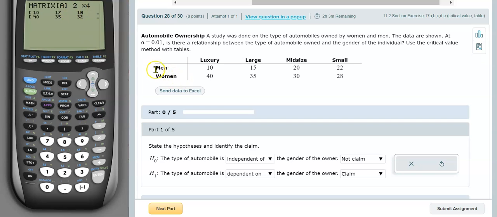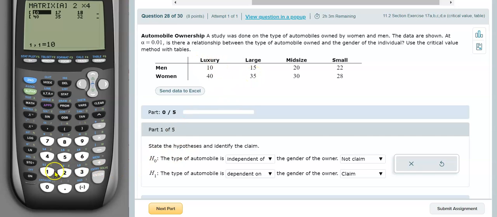I have two rows, men and women, so I need to make sure it's 2 in the row line. Then I have 4 categories: luxury, large, middle size, and small, so I put 4 here. Once I enter, the table will change. It happened to be the same dimension as the previous one, but make sure you enter the data correctly, whatever you see here.